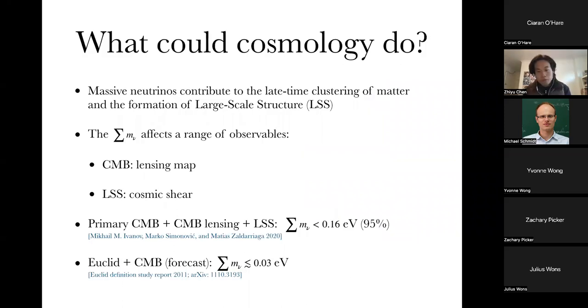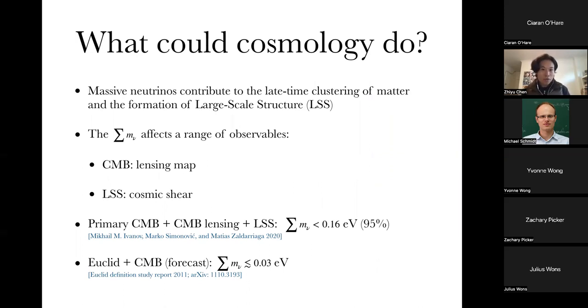For us, we're going to focus mainly on the large-scale structure side of things. Of course, in CMB physics you can already say a lot about neutrino mass constraints. But if you think about the late time formation of structure, massive neutrinos, having mass, will gravitationally interact with other matter like cold dark matter and potentially other dark matter candidates.